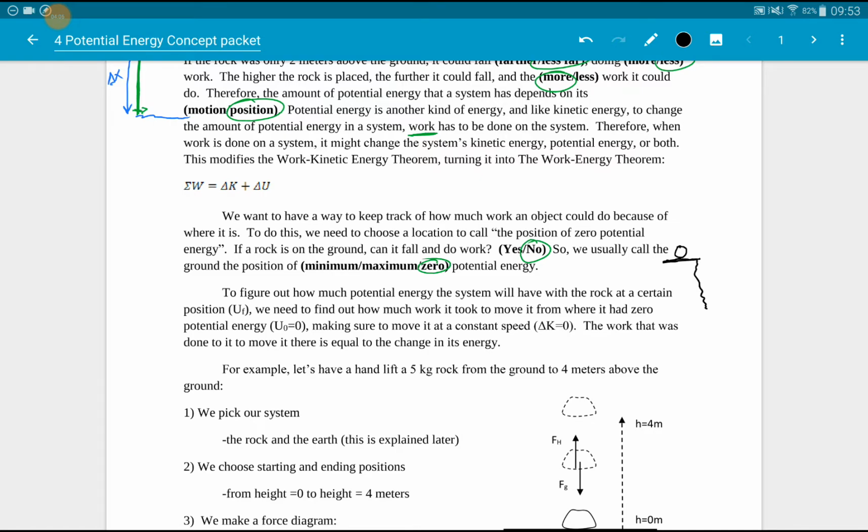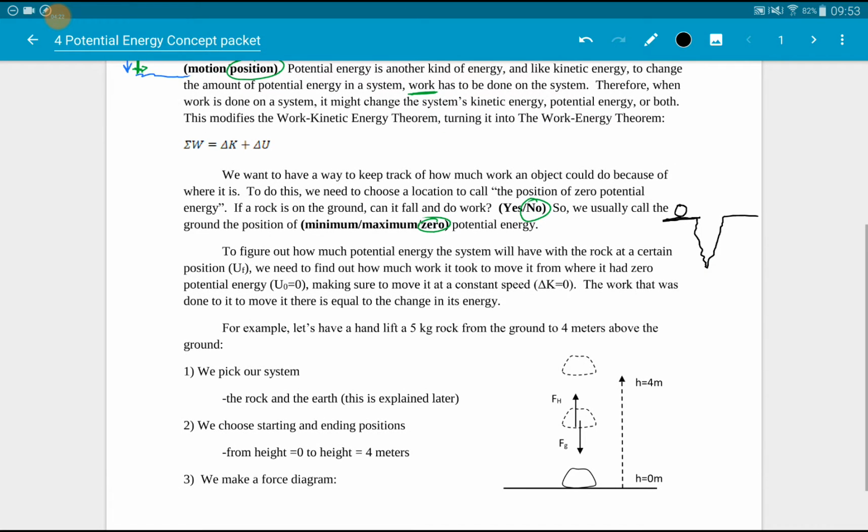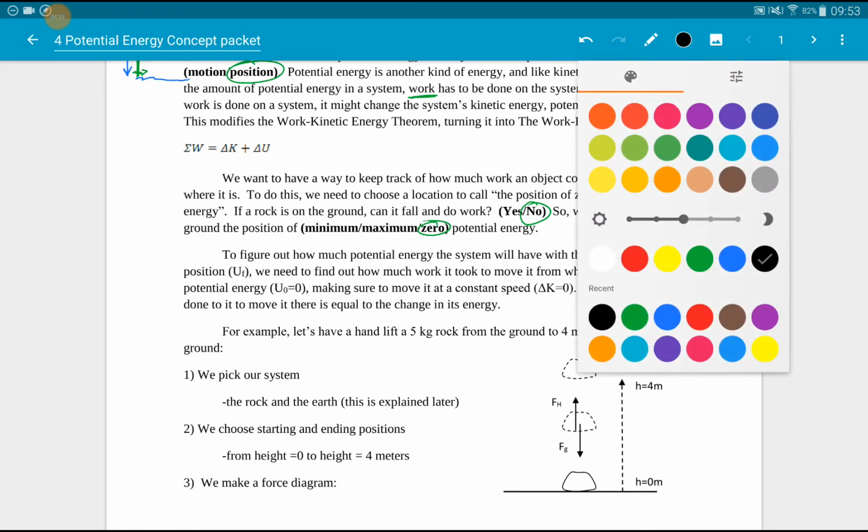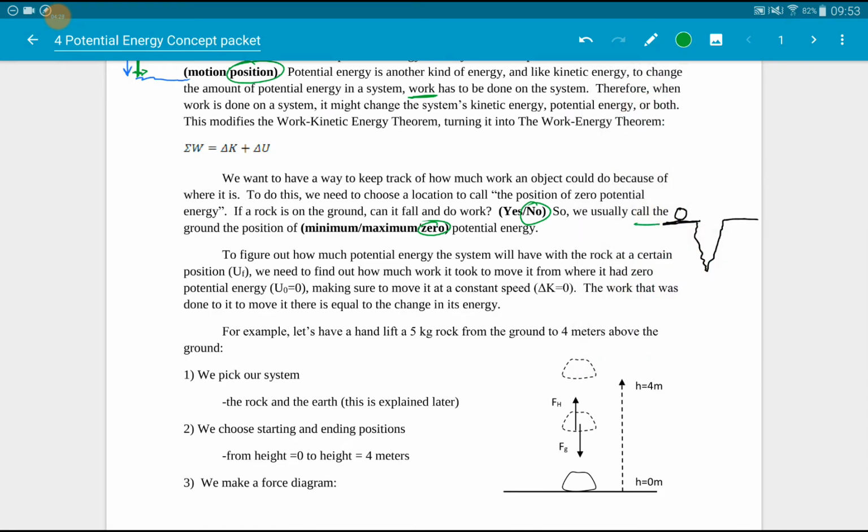I could dig a big pit in the ground there. And now could it fall? Yeah, it could. Well, if I call that zero, then, isn't that zero? Well, if I put that rock now in the pit there, now will it be a zero gravitational potential energy? Well, no, I could just dig a deeper hole, and so on and so forth. So without going into a huge explanation of that, we are simply choosing where we're going to call our zero gravitational potential energy, and oftentimes it's one of two locations.